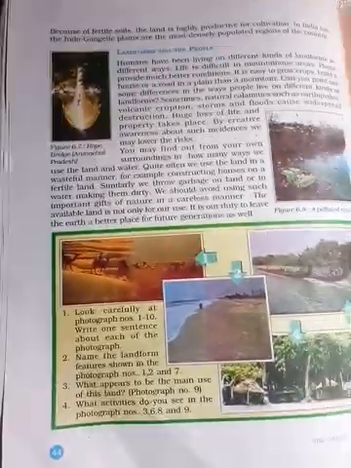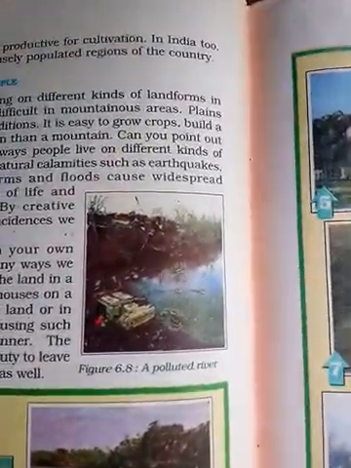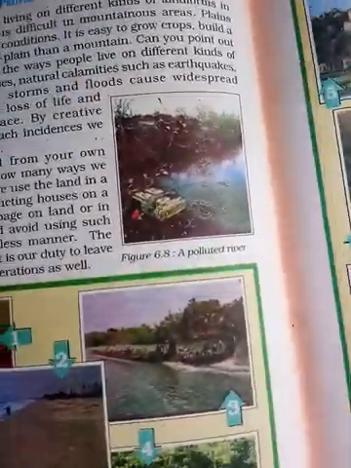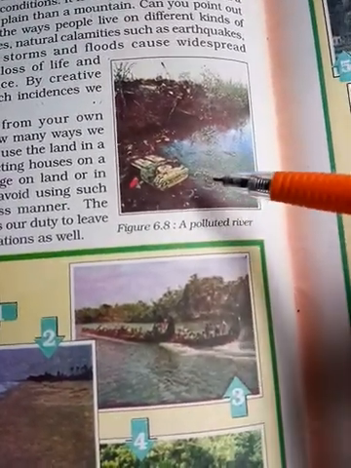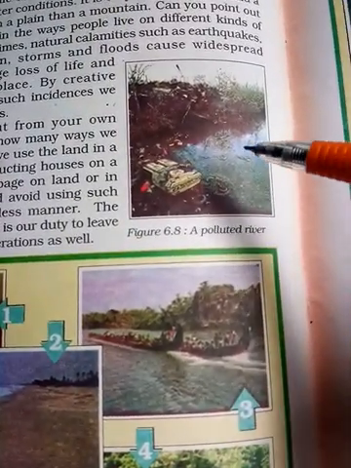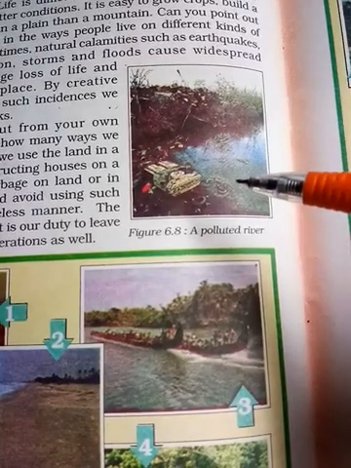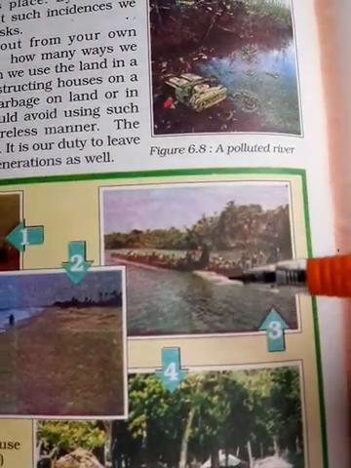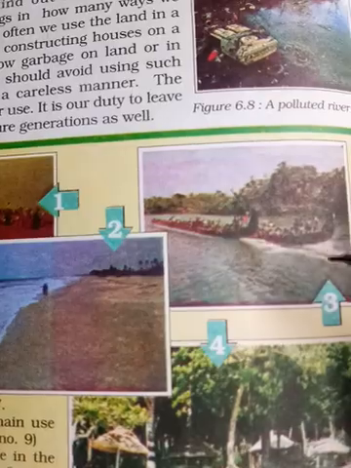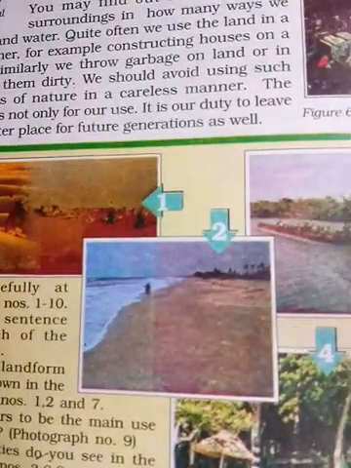The human settlement. Look here, these are the places. That means we are polluting our river, so if we pollute our river, we cannot use the river water. Suppose these are games, that means water is used for game purposes.